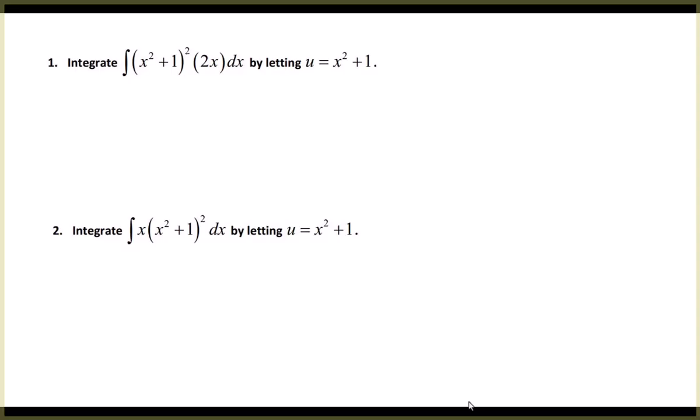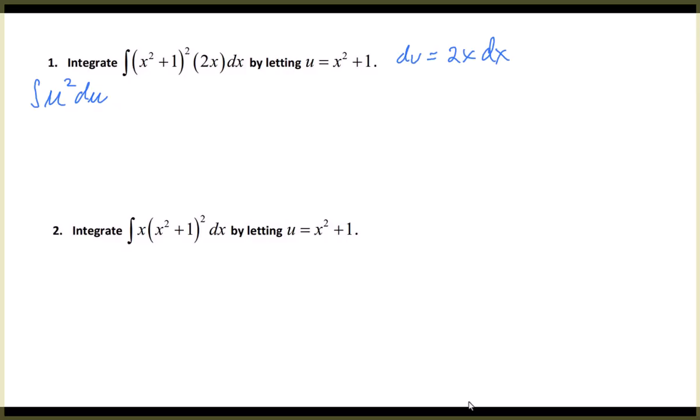What's the derivative of x squared plus 1? There's 2x. So if I'm going to substitute, I can say, all right, let u be x squared plus 1. That means du is 2x dx. That shortens it to something where we see that pattern. U squared du, that's just the power rule.